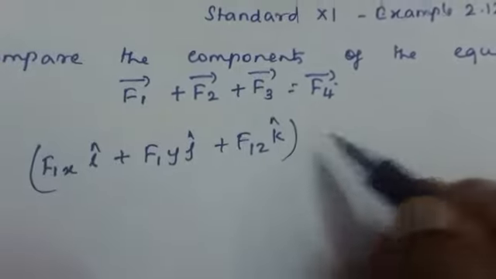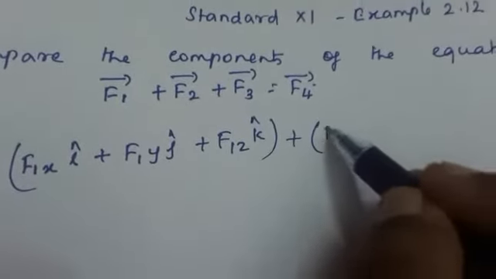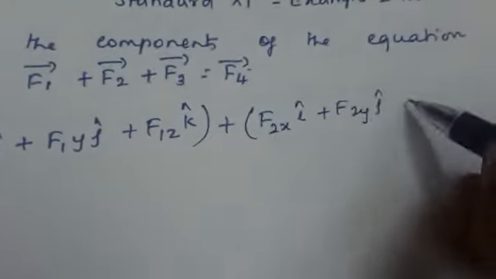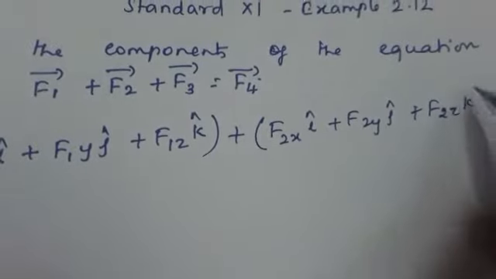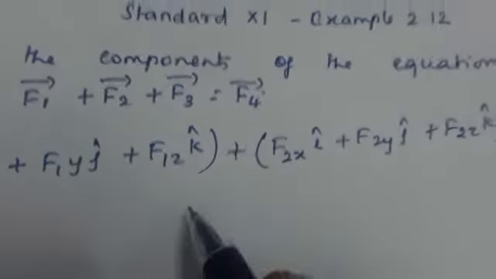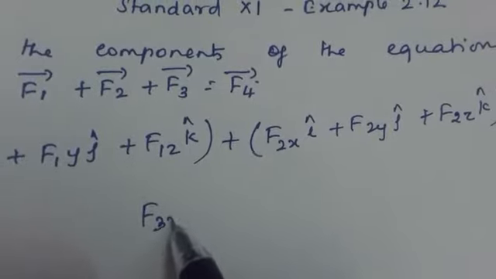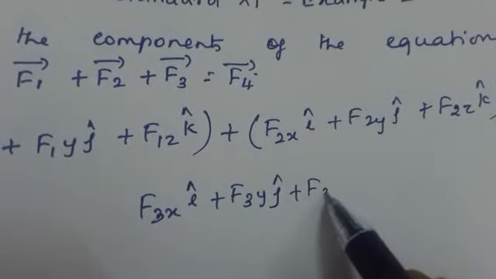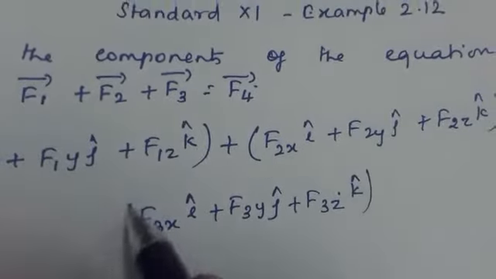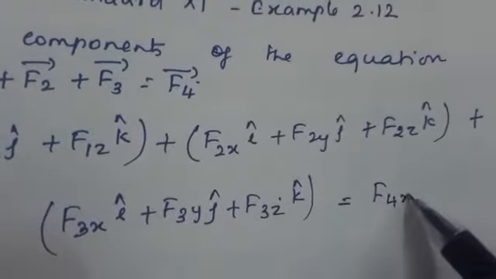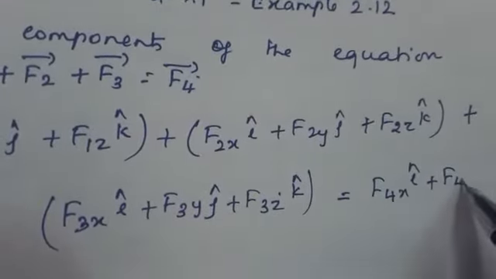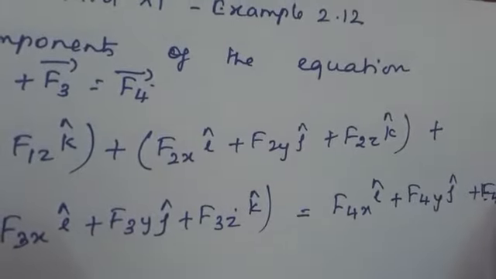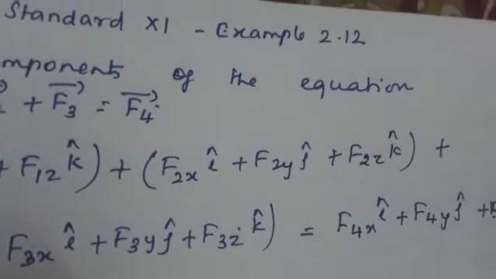Then f2 vector can be written as f2x into i vector plus f2y into j vector plus f2z into k vector. f3 vector can be written as f3x into i vector plus f3y into j vector plus f3z into k vector. Similarly, f4 vector can be written as f4x into i vector plus f4y into j vector plus f4z into k vector.